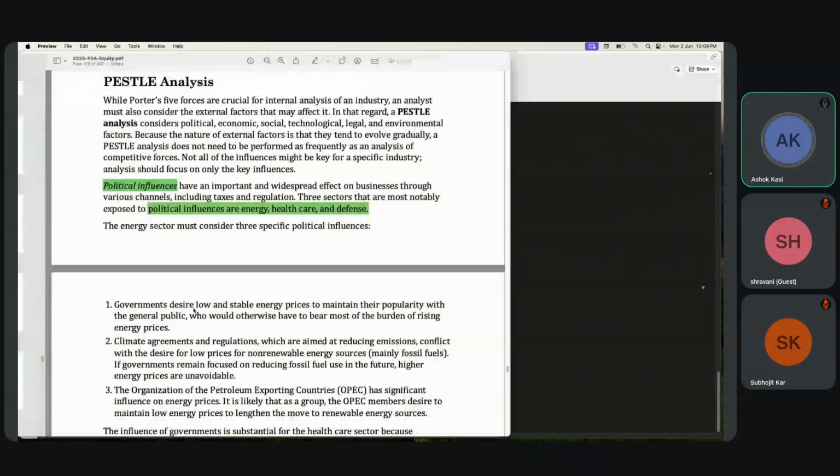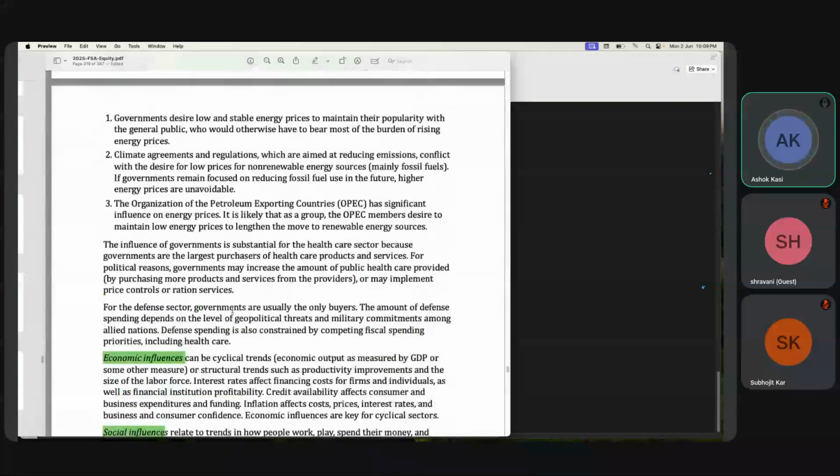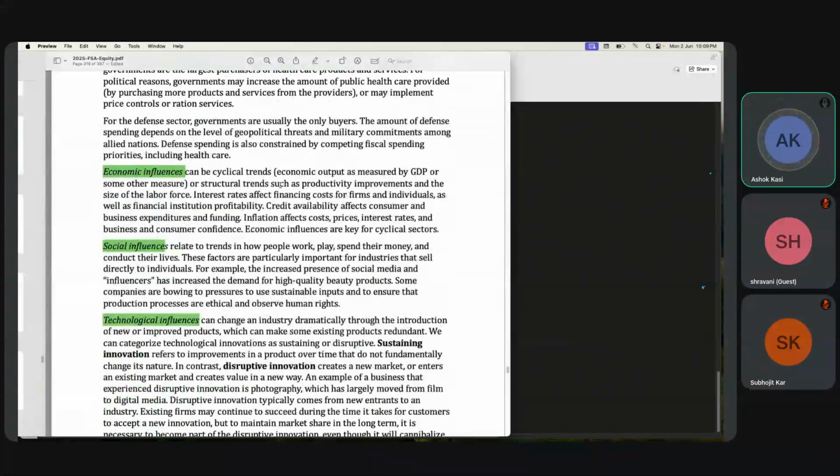Then E stands for economic influences. Can be cyclical, economic, structural trends such as productivity improvements and the size of the labor force. So economic influences, interest rates affects financing cost.